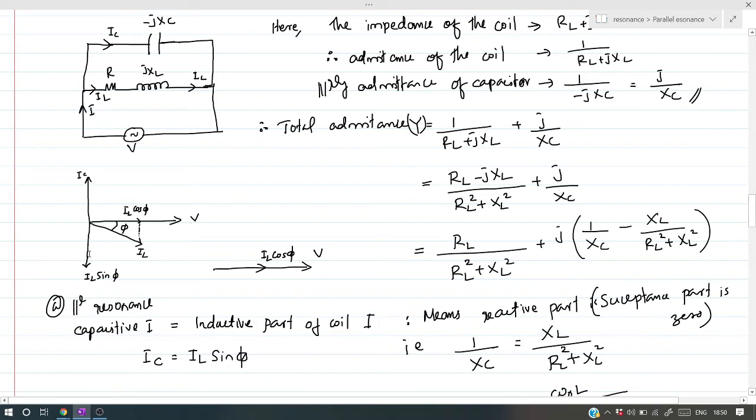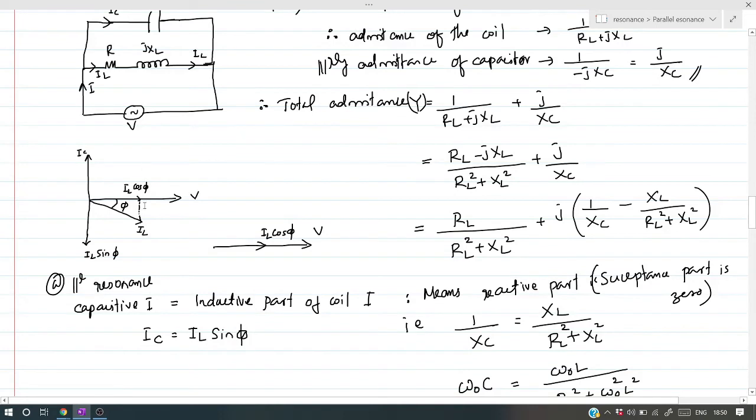So IC is equal to IL sin phi. So under this condition, source current is only the active component IL cos phi. These two things will cancel each other. That means reactive part, that is susceptance part of this admittance is 0. That is 1 by XC is equal to XL divided by RL square plus XL square.